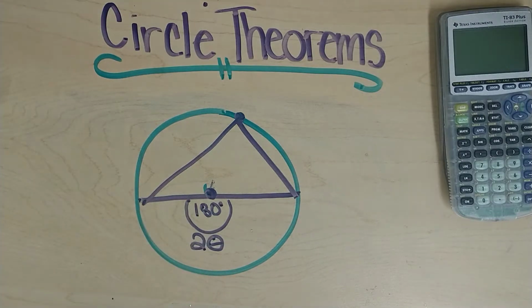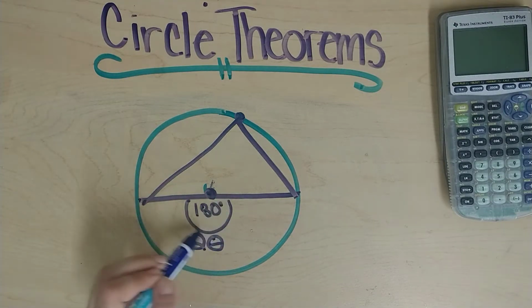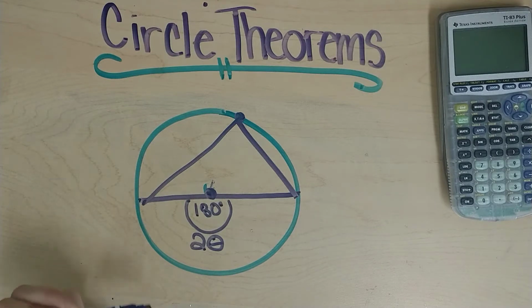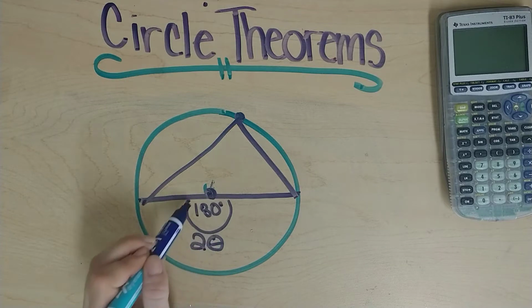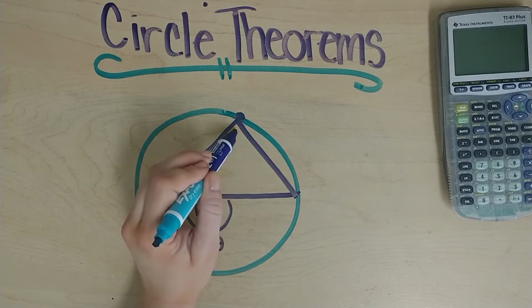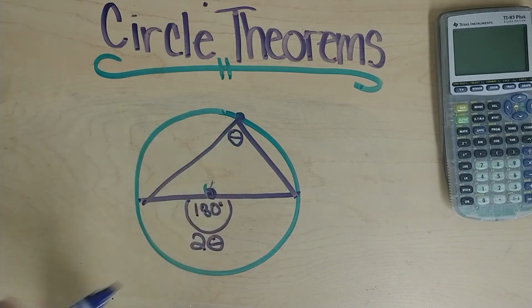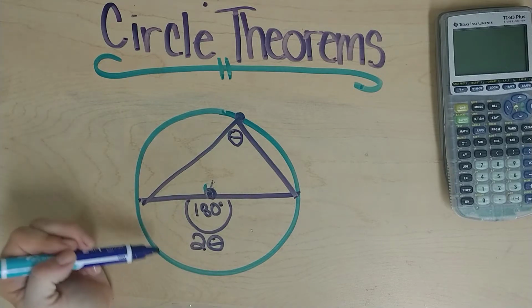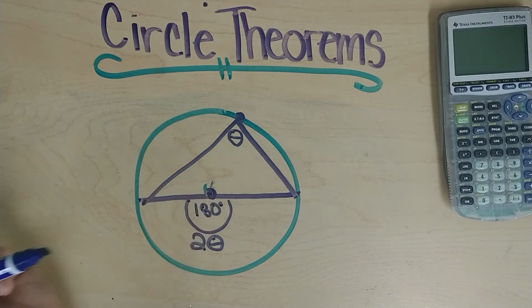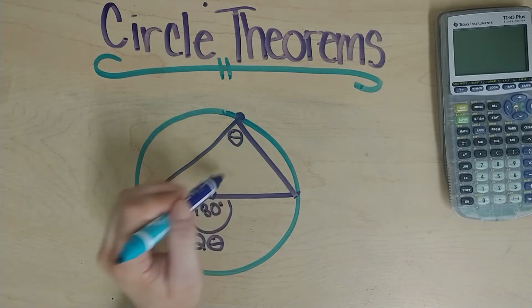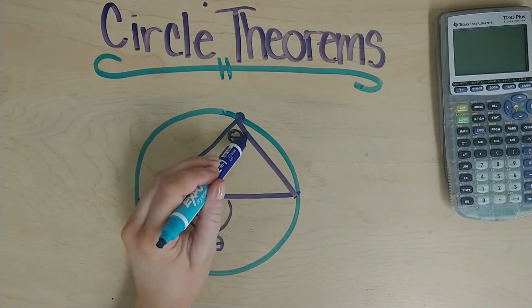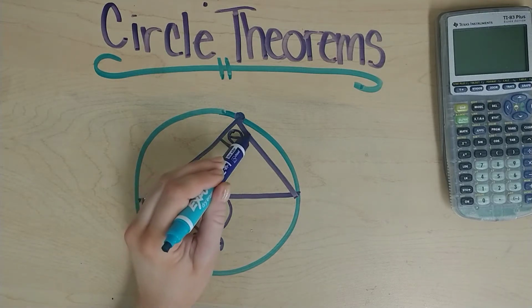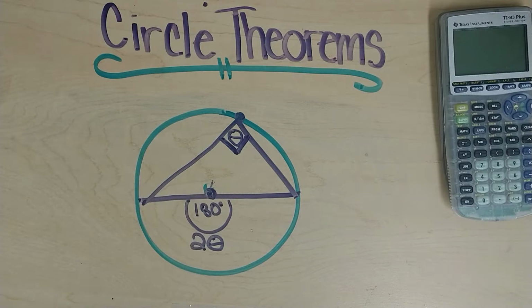These are two facts. This angle is a straight line, therefore it's 180 degrees. I also know that any angle coming from my center is twice theta. This means this angle in this corner must be half of this angle. Half of 180 is 90. So that tells us that theta is actually a right angle.